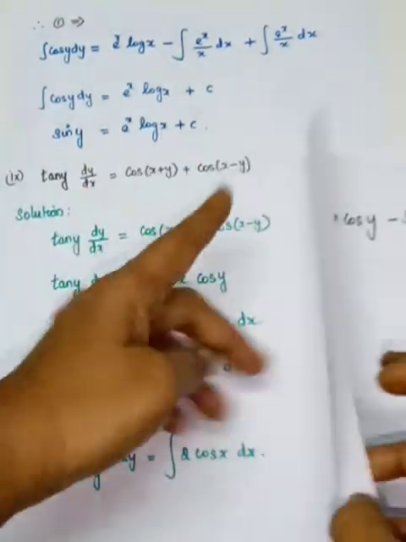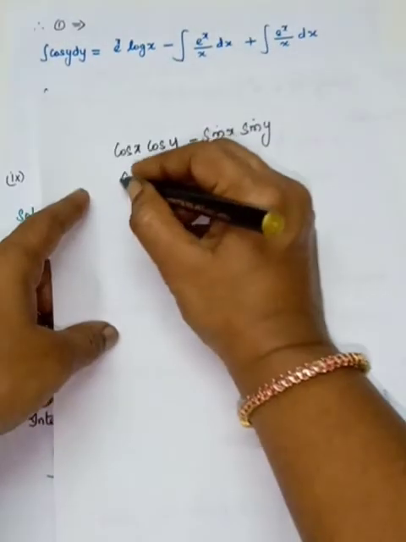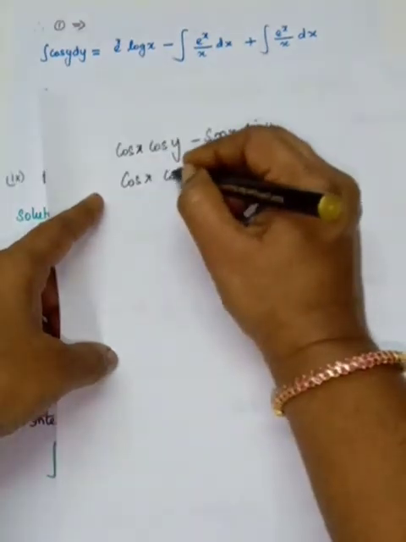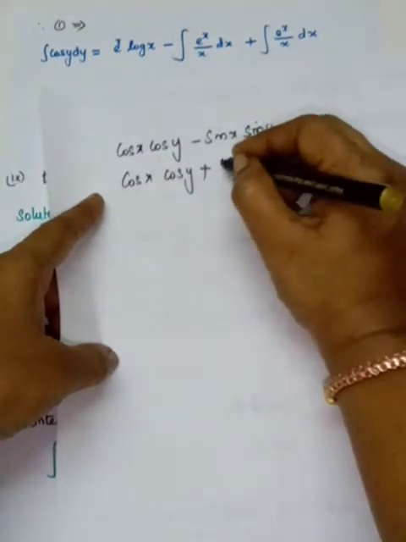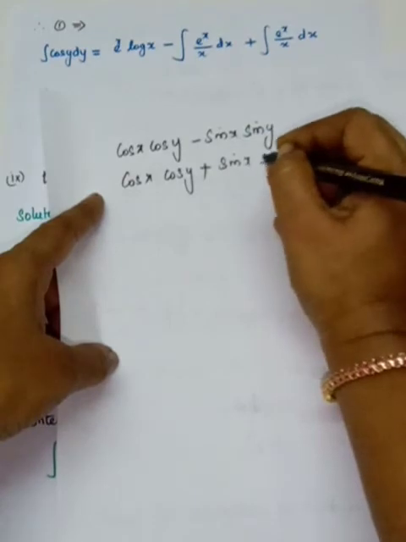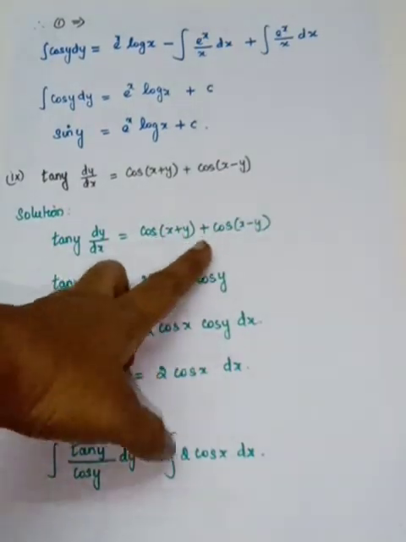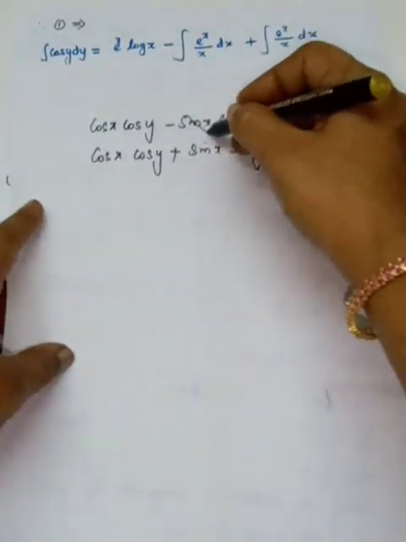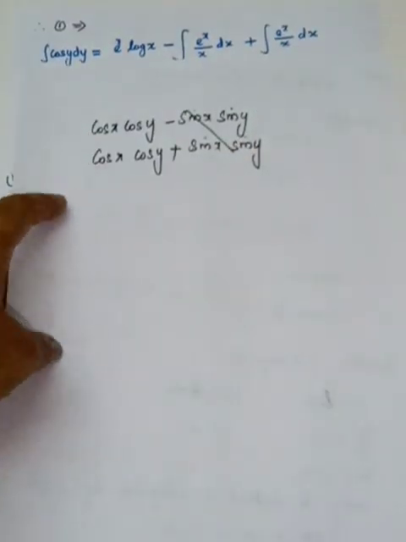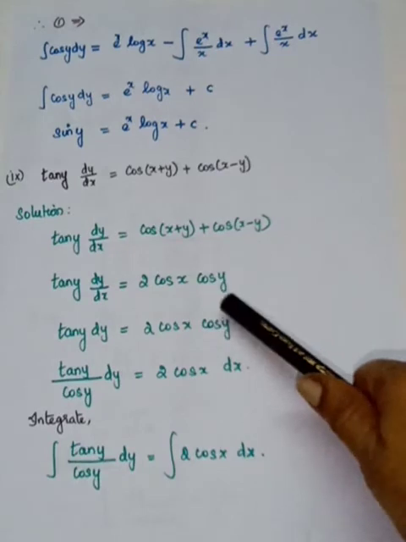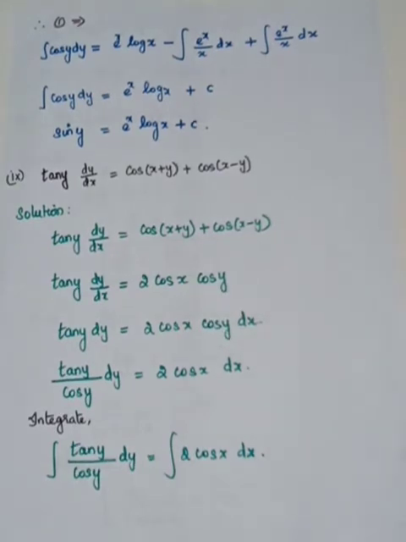Okay, cos of x minus y can be written as cos x cos y plus sin x sin y. So here in between what you have to do, both the terms have to be added. While you are adding, these two getting cancelled, you are having 2 cos x cos y.